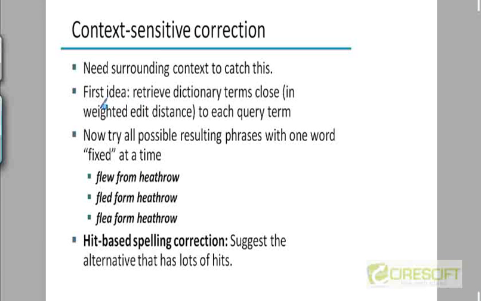So here's a simple way to do context sensitive spelling correction. Now context sensitive spelling correction is going to use isolated word spelling correction, but it's going to do something more than just isolated word spelling correction. So we're going to use ideas about weighted edit distance that we just saw, and in fact, even Jaccard coefficient.